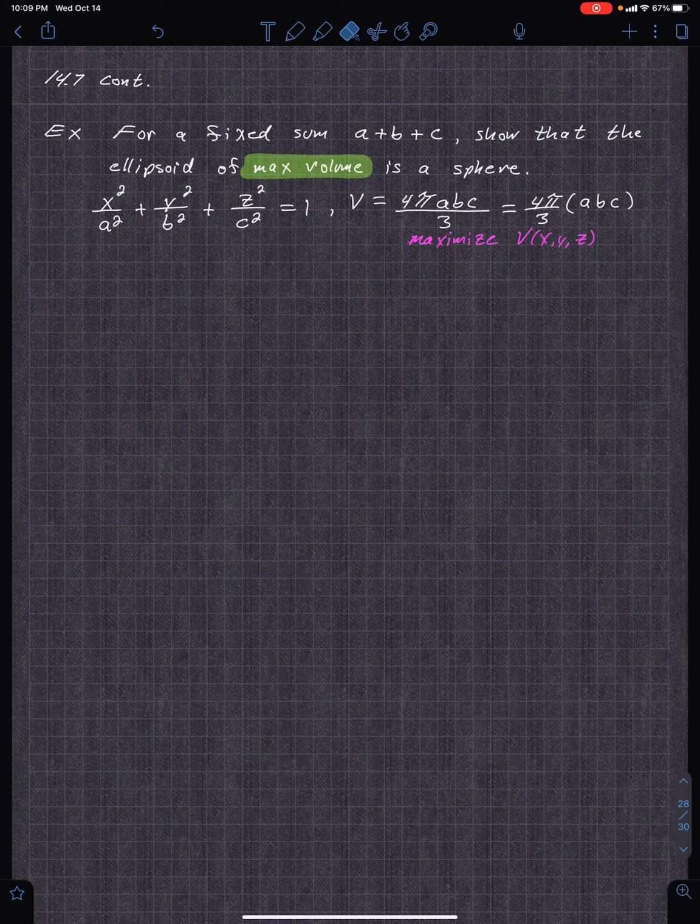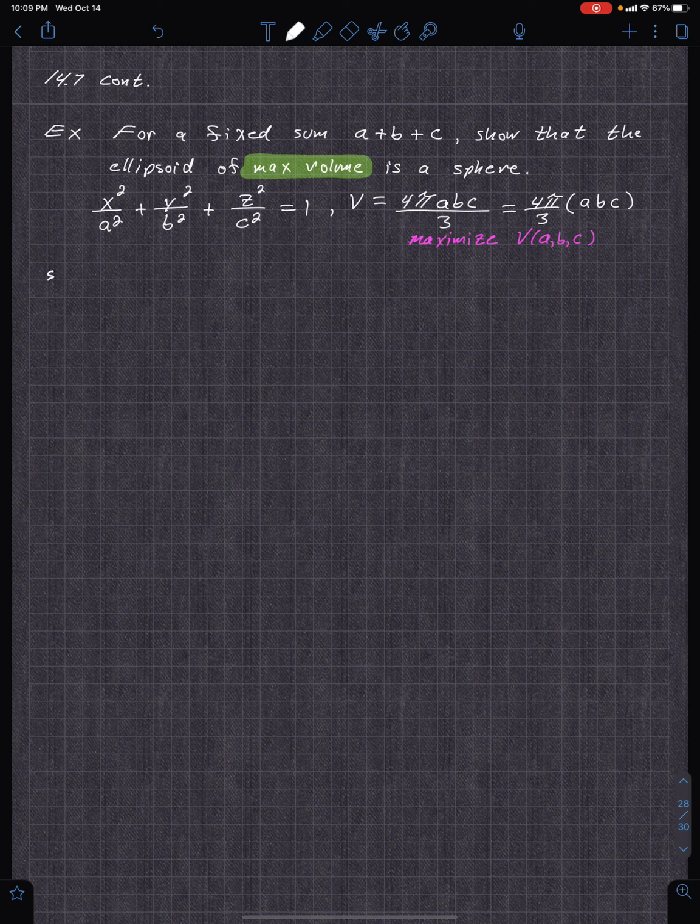Well, that's ABC. I wrote this down, ABC, on purpose, because I want you to see that right now it's a function of 3 variables. How are we going to get this as a function of 2 variables? That has to do with the ABC. All right, so let's look at the solution to this.